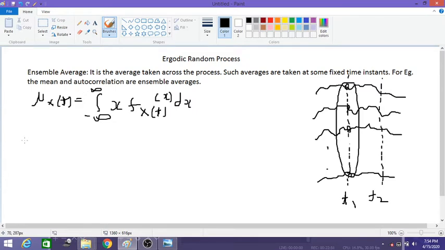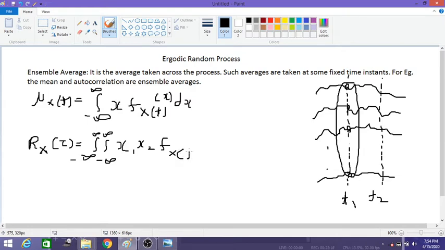This is the mathematical definition of the mean, and the autocorrelation definition, we all know, is R_x of t1, t2 equal to the double integral from minus infinity to plus infinity of x1 x2 times f_X(t1),X(t2)(x1, x2) dx1 dx2.